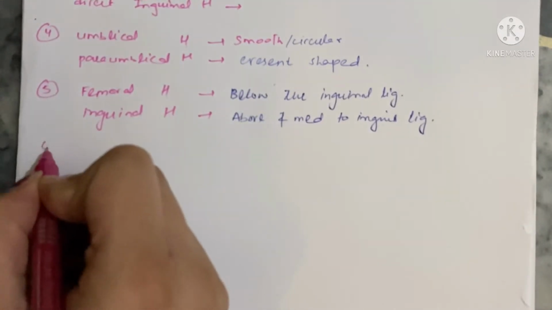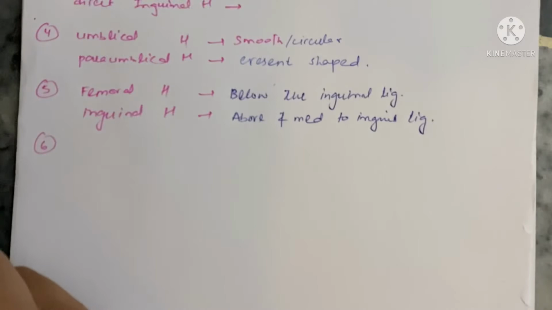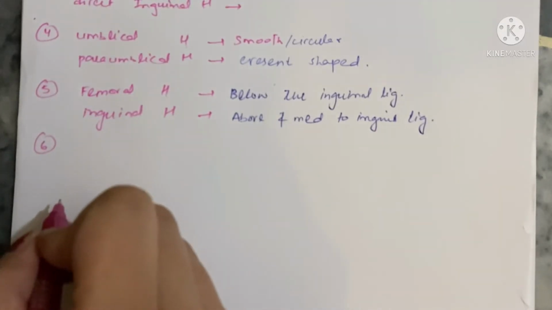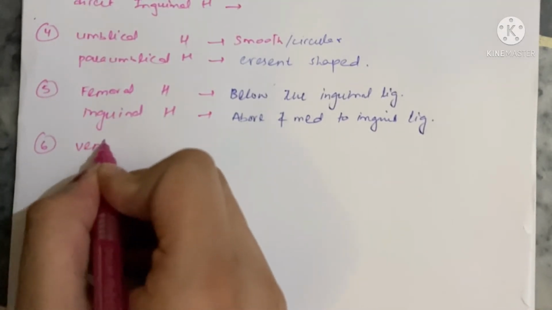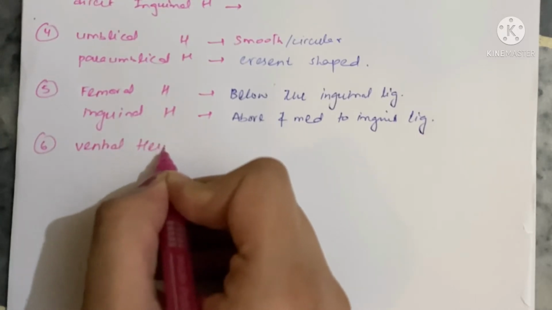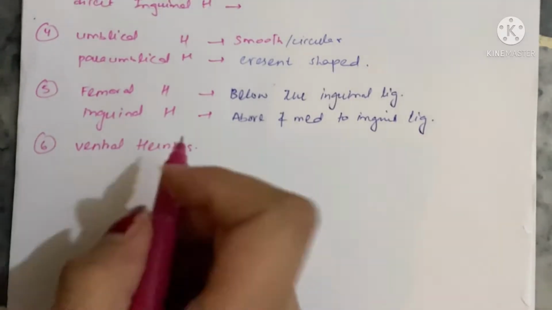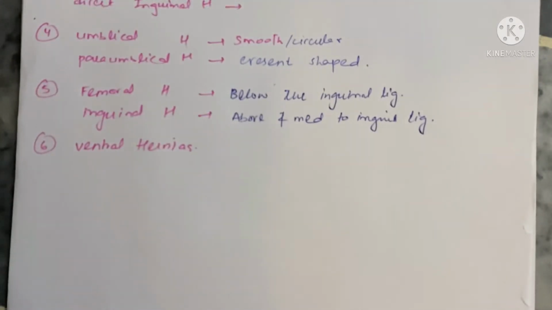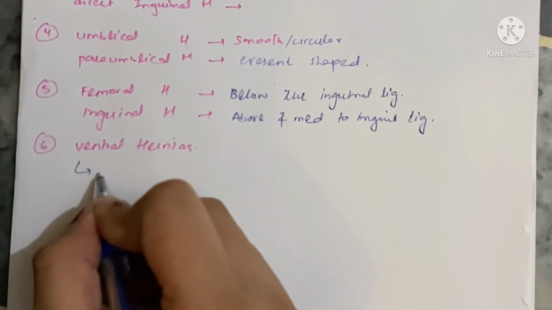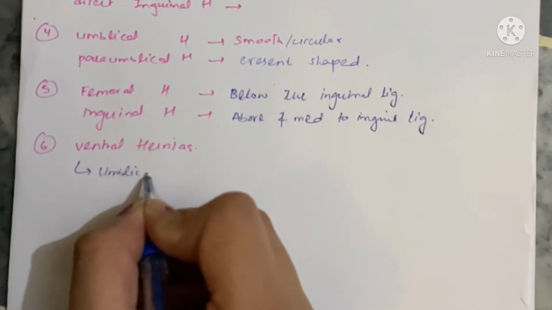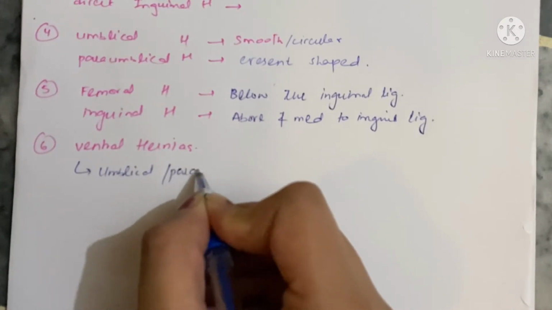Then moving on to some ventral hernias. In ventral hernias, where are the defects, and what are the types? We have umbilical and paraumbilical.